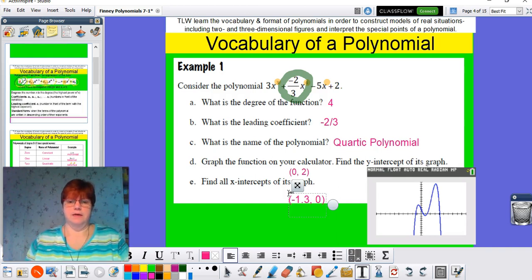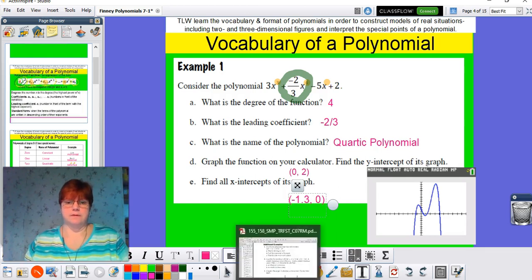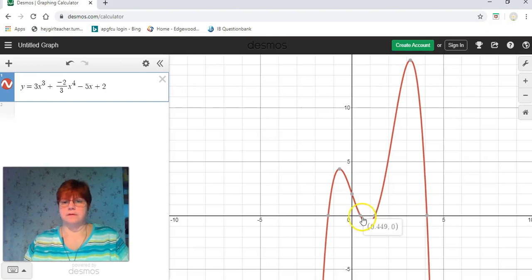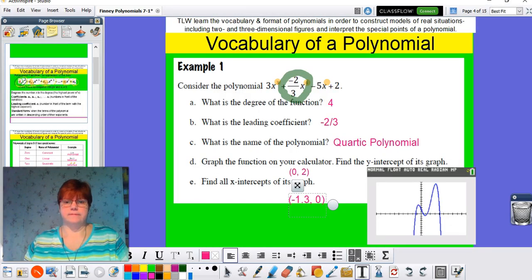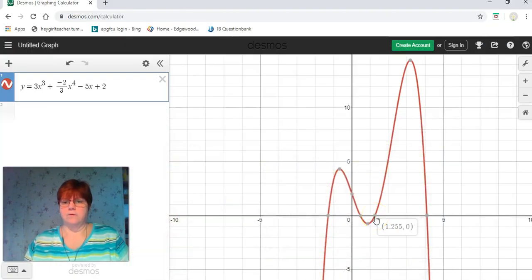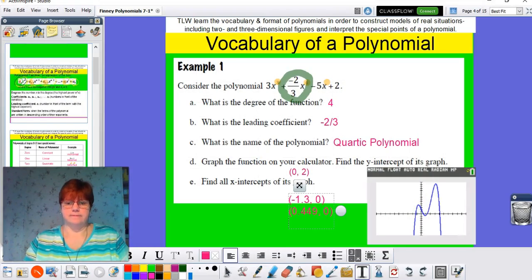And then we had 0.4490. And then we had 1.2550. And then we had 4.0970.